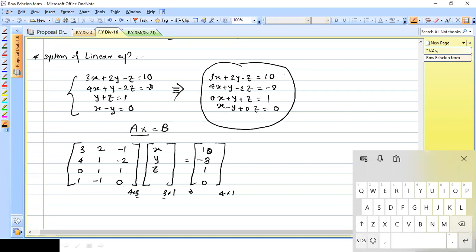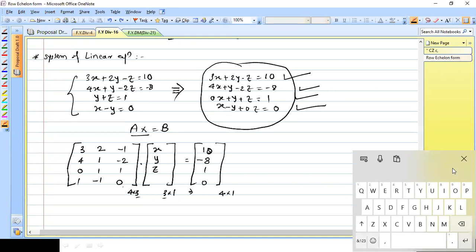So I am getting the first equation. For the second one, 4x plus y minus 2z is equal to minus 8. So after doing this product, I am getting my equations. This is how we convert our given equations into matrix form.